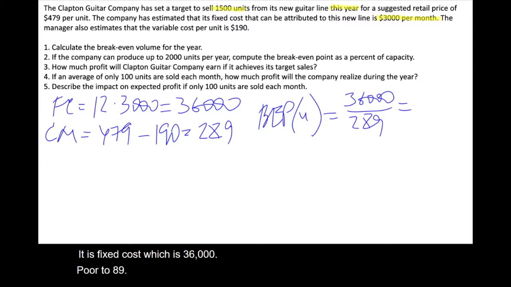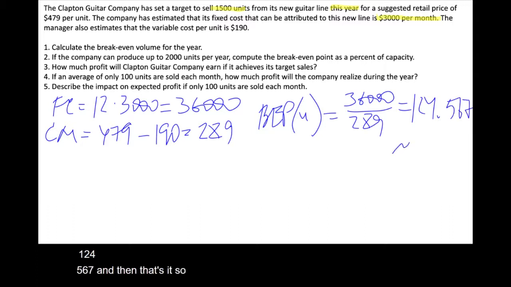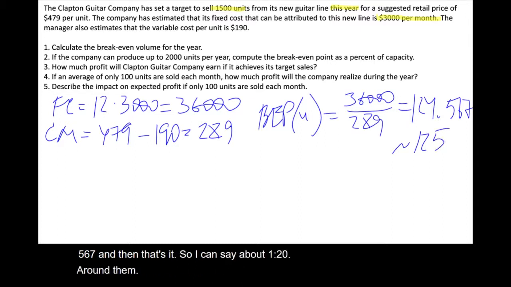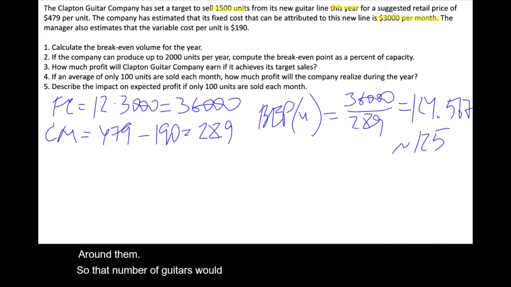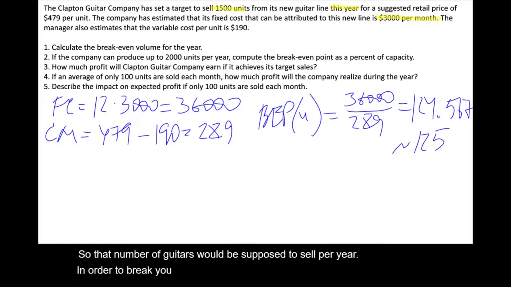That is 124.57, so I can say around 125. That is the number of guitars we're supposed to sell per year in order to break even. That's actually a pretty good number.